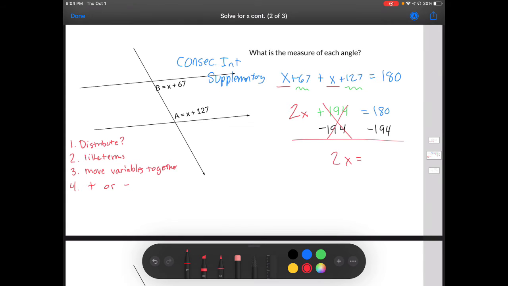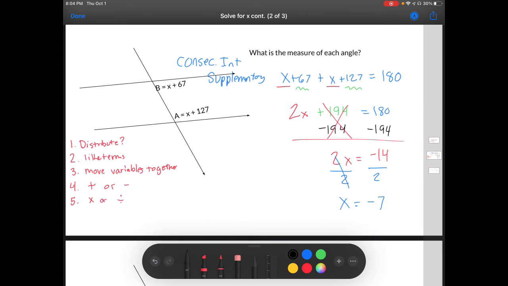So 2x equals negative 14. And the last thing you do is either multiply or divide. I've got 2x, so I'm going to do the opposite and divide by 2. We get x equals negative 7.